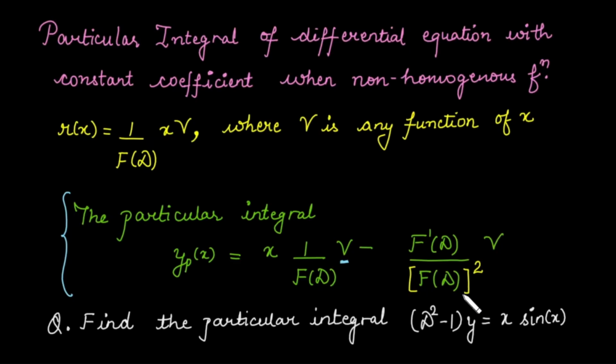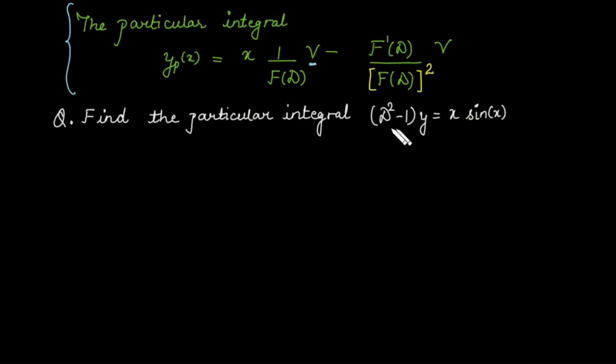Let's understand with the help of this example. The question is to find the particular integral of this differential equation. With the help of this formula we can write the particular integral is equal to, so this is x into sin x.